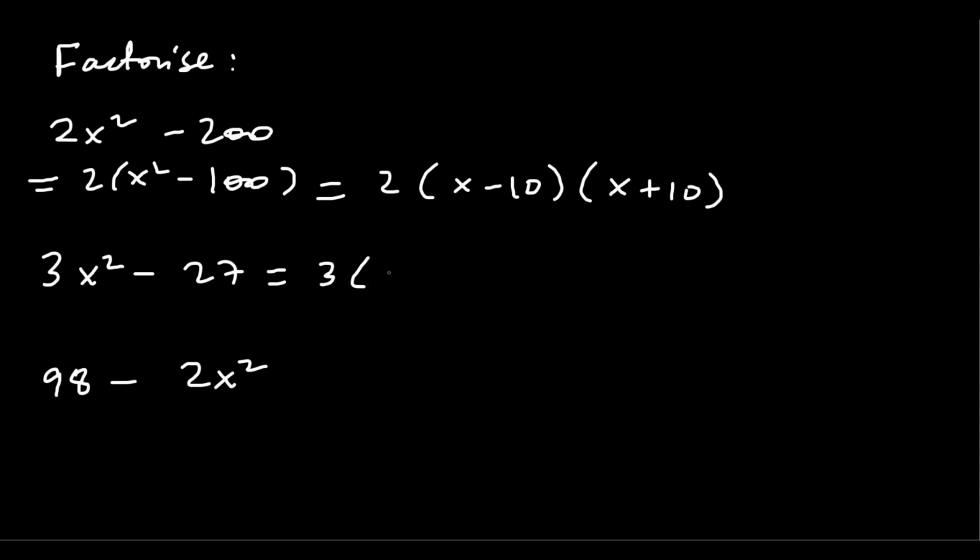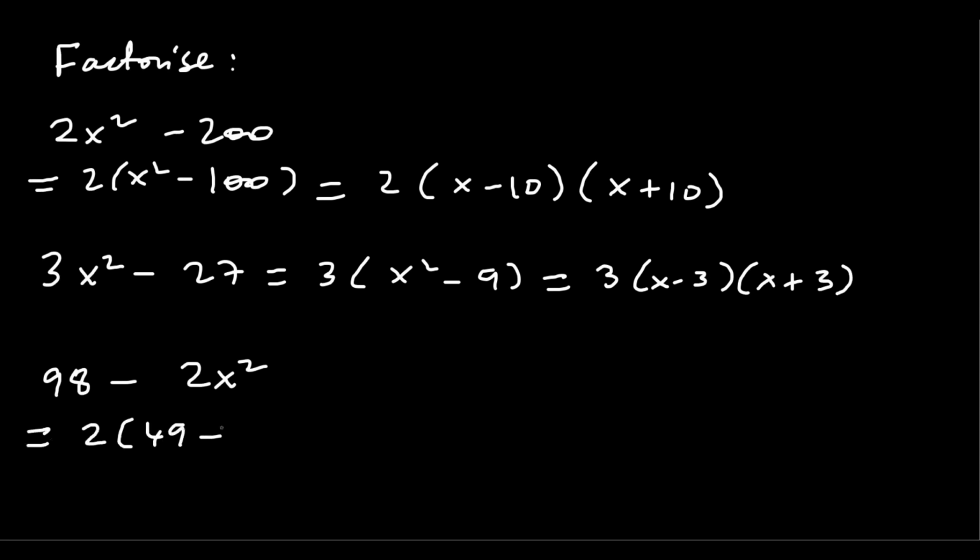This one is 3 times x squared minus 9, which is just 3 times x minus 3 times x plus 3. This one becomes 2 times 49 minus x squared, and that simplifies to give 2 times 7 minus x, 7 plus x.